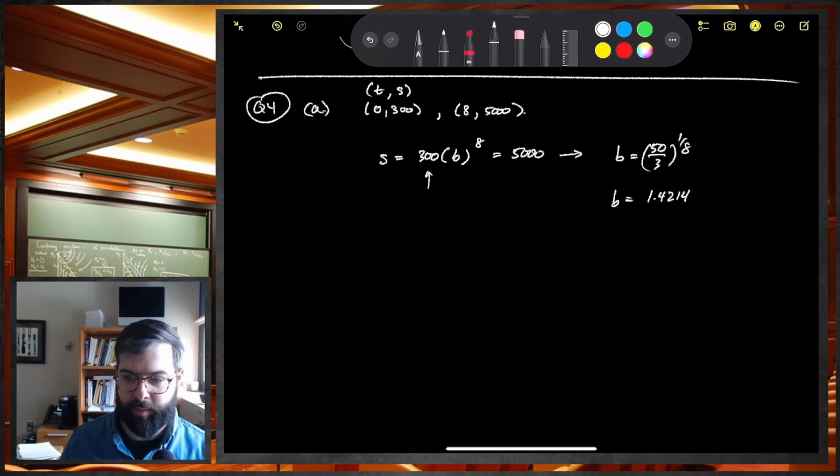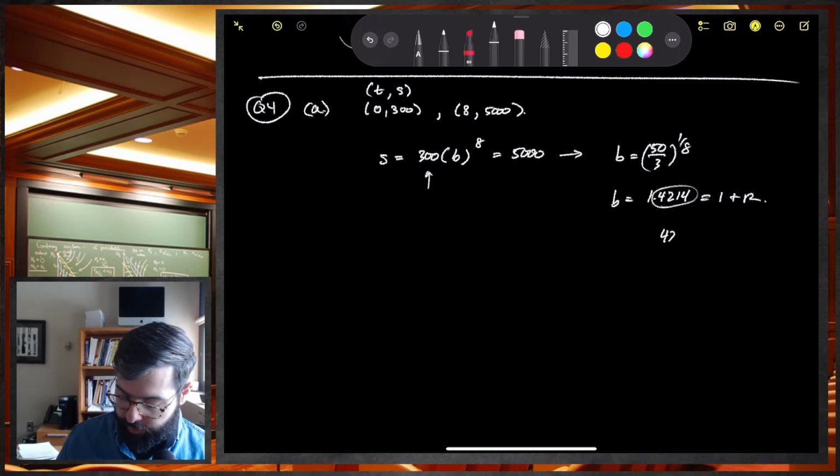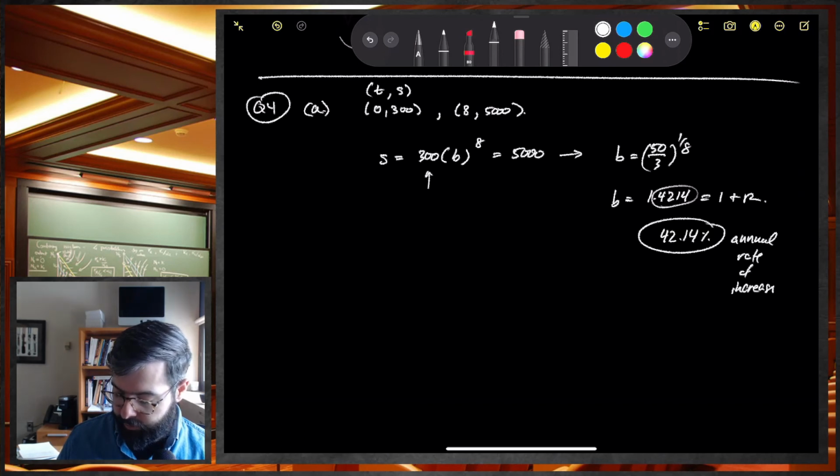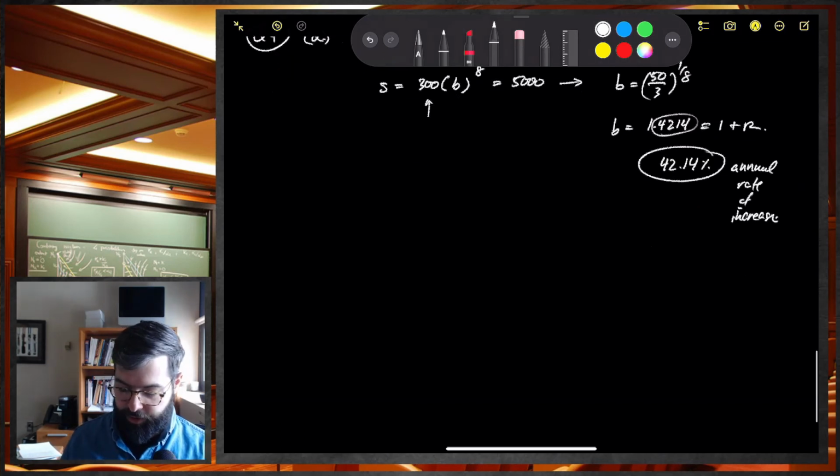And so I saw some people grab this and say this is 1.42% increase. No, remember this is 1 plus R. So your rate of increase is really 42.14% annual increase. Okay, so it's a constant percent rate of change.